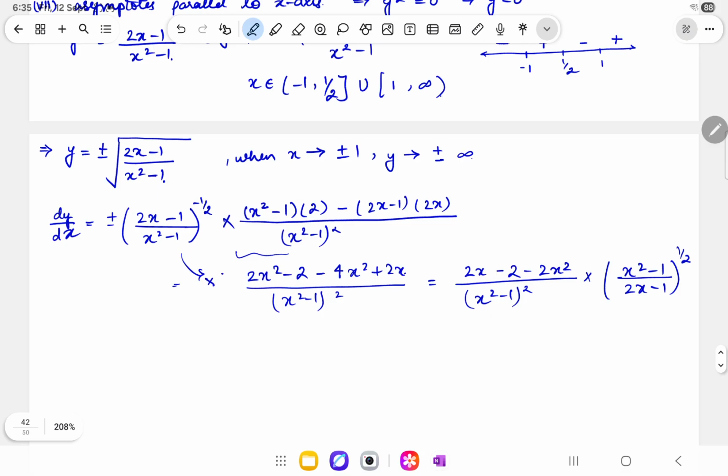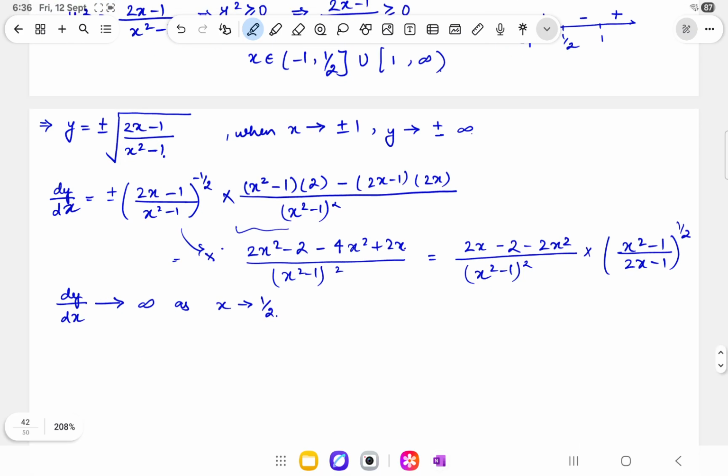So you can see that my dy by dx approaches infinity as x approaches 1 by 2. So from here we can say that our graph has basically a tangent along x equals 1 by 2.